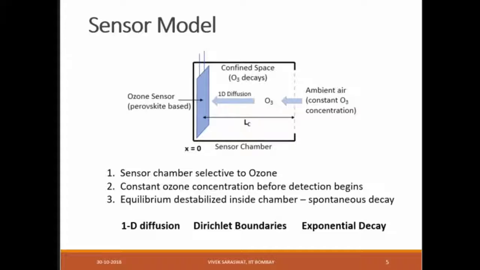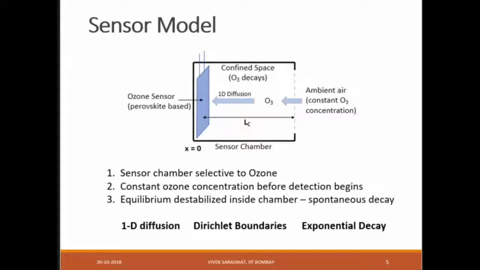There are some gases which remain stable on their own, and some gases which require a dynamic equilibrium to maintain their concentration. Ozone is an unstable gas; it maintains its concentration with respect to a dynamic equilibrium, with many processes happening outside the chamber. But once it enters the confined space of the chamber, there's a possibility that the ozone decays with time.